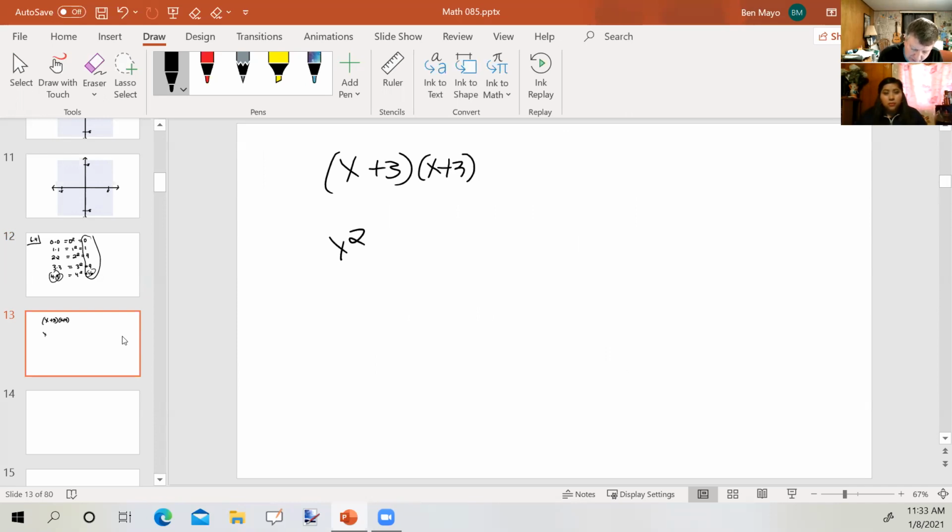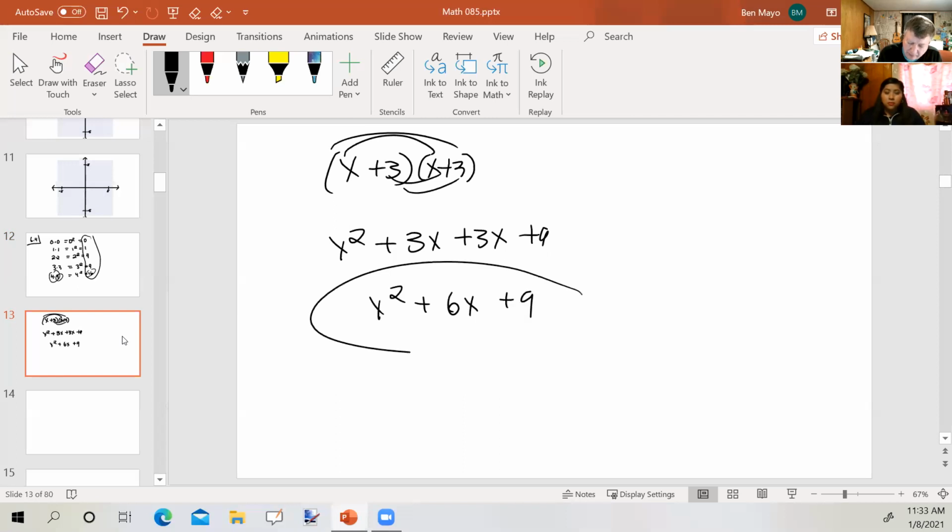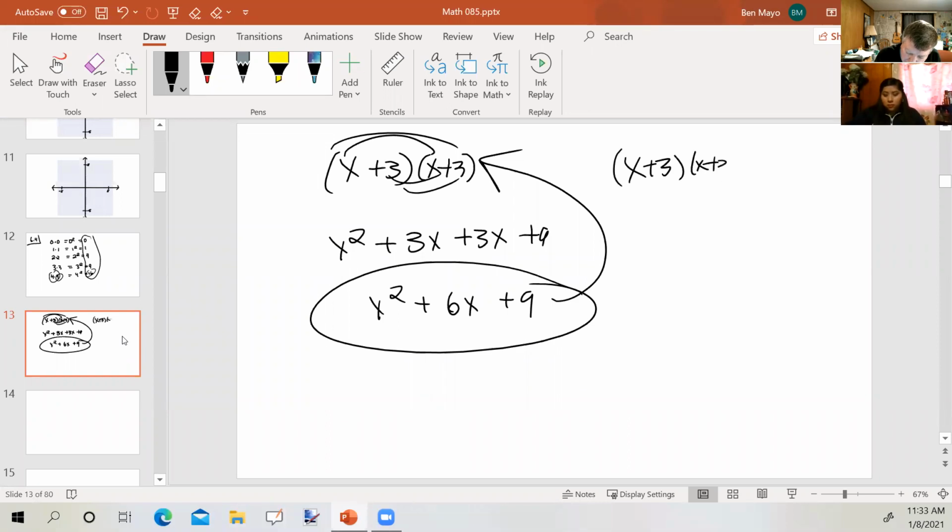I would get x squared plus 3x plus 3x plus 9 by foiling it together, which is x squared plus 6x plus 9. This is a perfect square trinomial because it comes from 2 identical factors. In fact, you could write it like this if you wanted to, but multiplying it out, you would get that.